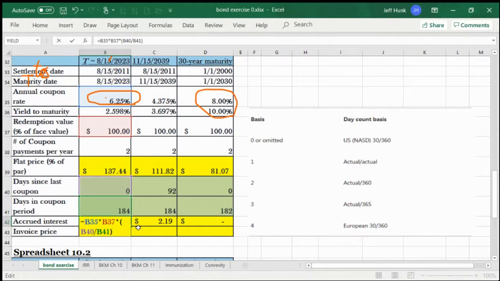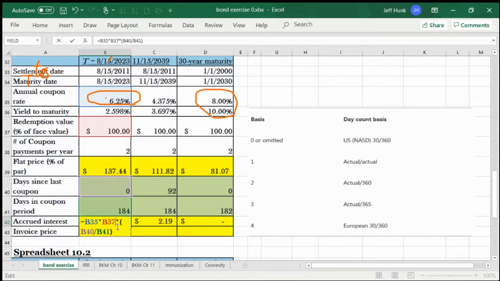But what you're getting is not right. Think about it. Out of $1,000 principal, if you're paying 6.25% interest, that's annual, right? So actually, we must adjust it.